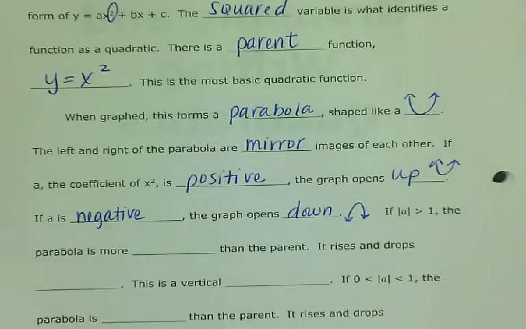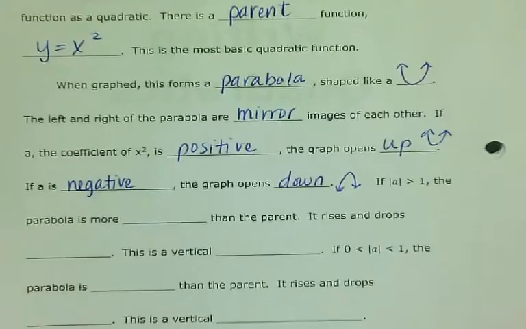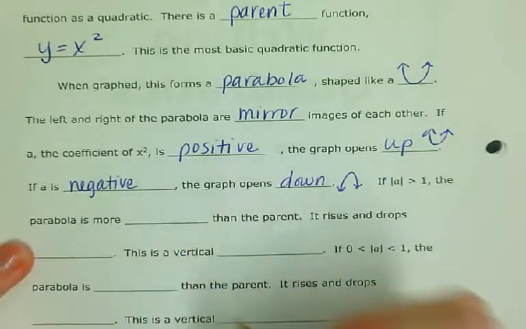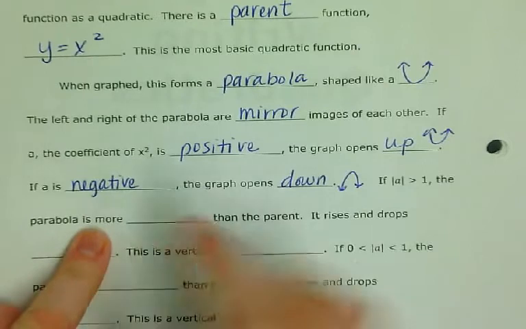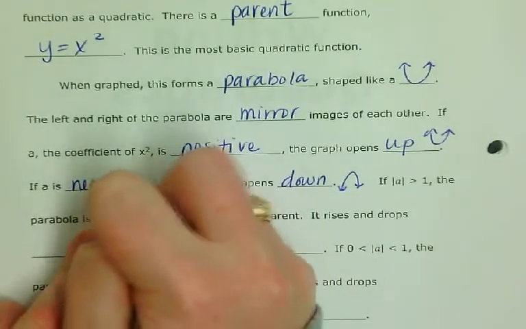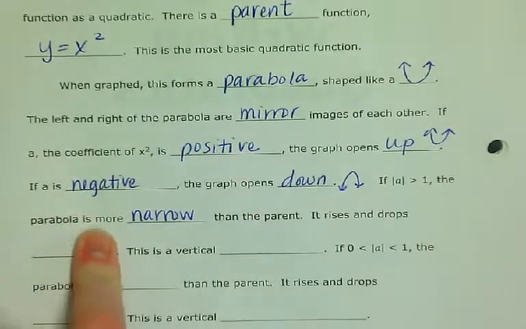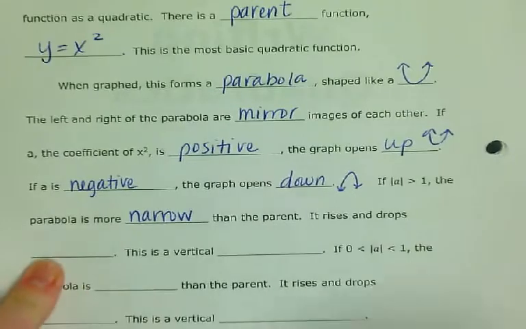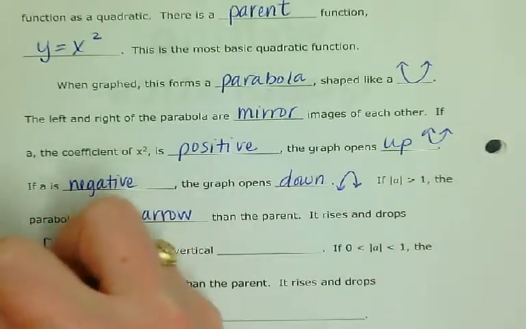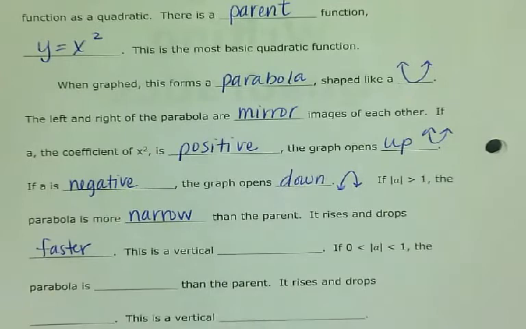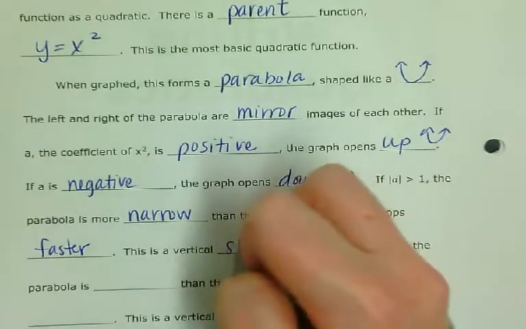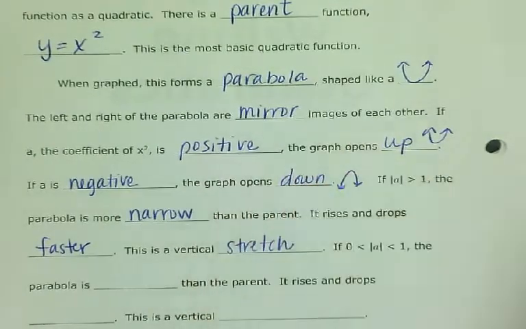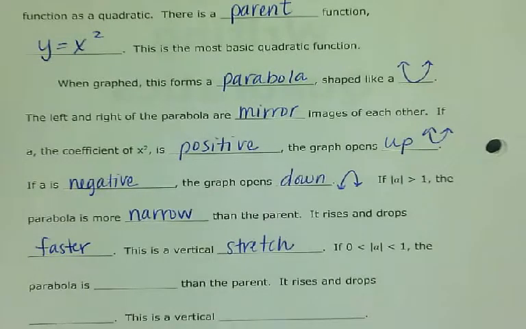If the absolute value of a, which means no matter the sign, just the absolute value, is greater than 1, the parabola is going to be more narrow, which means it's skinnier. It will rise and drop faster. And we'll look at that on some graphs. This is what we would call a vertical stretch. So we had these stretches when we did linear functions, but we're going to have them as well as we do quadratics.